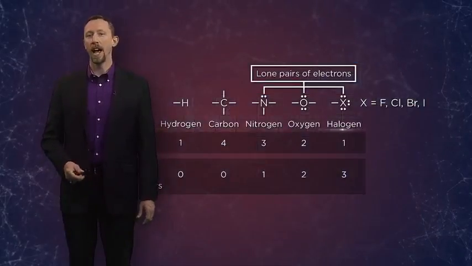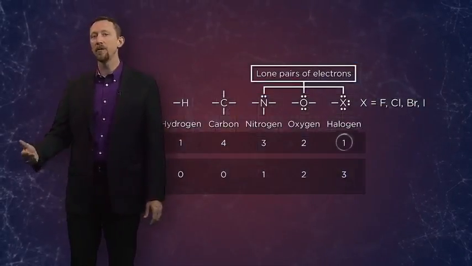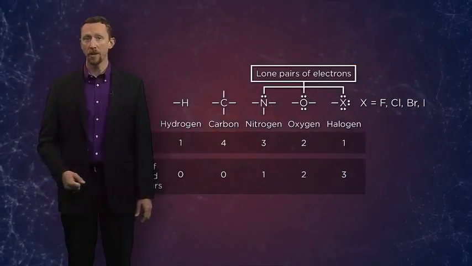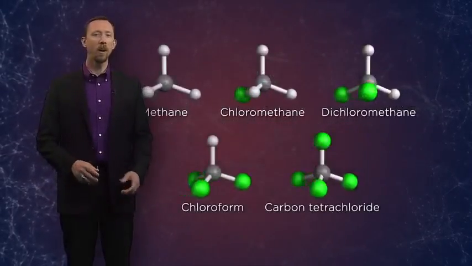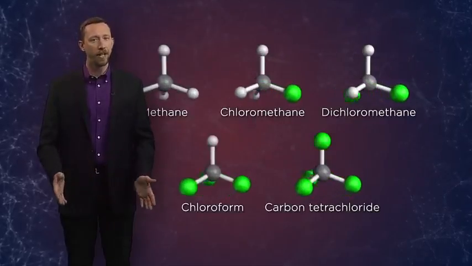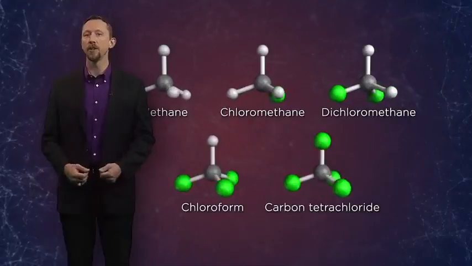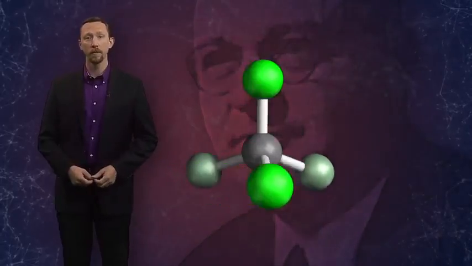When we focused on halogens, we noted that they only tend to form one bond, so they terminate chains just like hydrogen. However, we also saw how their high electronegativities and large electron clouds can dramatically change their physical properties, a fact that Thomas Midgley exploited in the development of Freon 12.